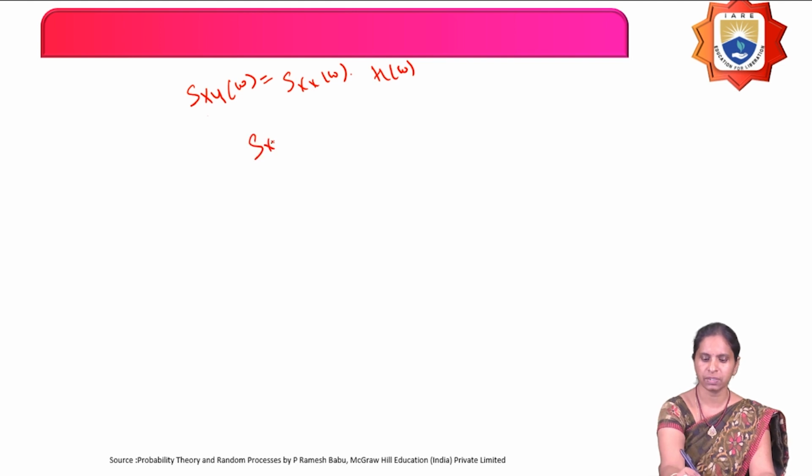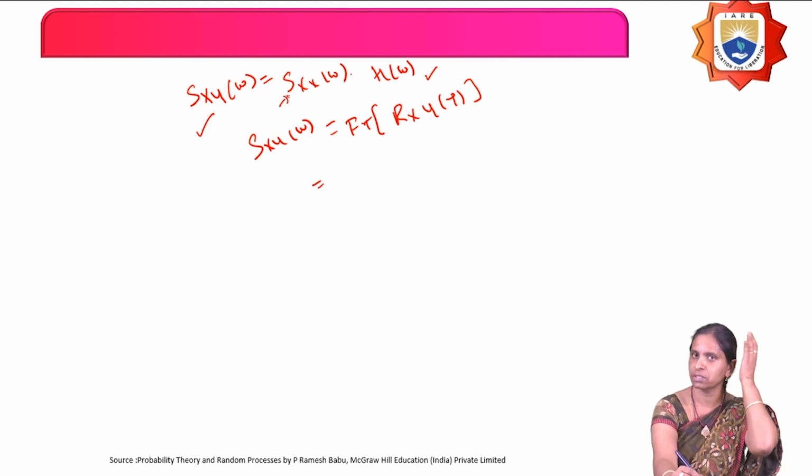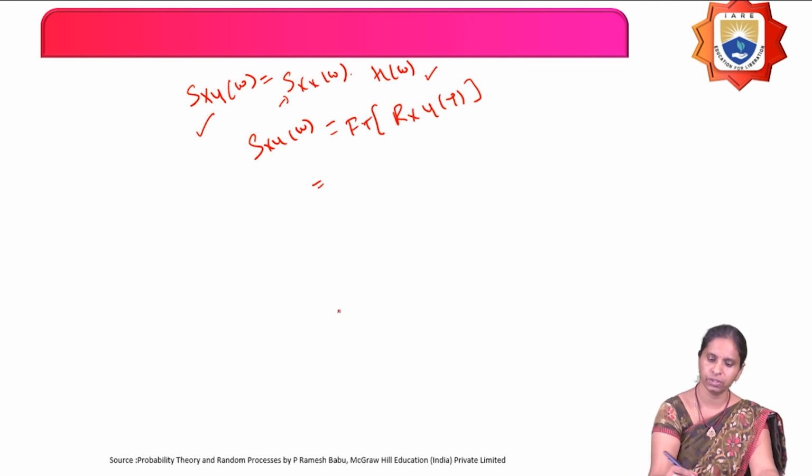Sxy of omega is the Fourier transform of the cross correlation function. So if you calculate Sxy of omega and H of omega, you can calculate the power spectral density of the input. From that, you can calculate the power spectral density of the output, and from that, the autocorrelation function of the output.